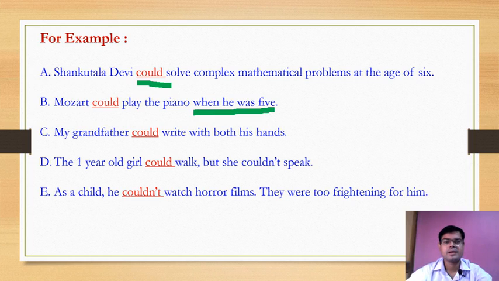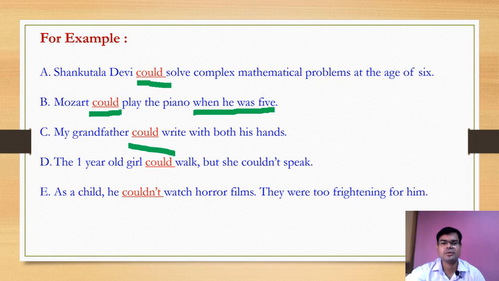So here could is used. In the next example, my grandfather could write with both his hands. He had a skill that he used to write with both hands. For him it was possible, so here could is used, correct?